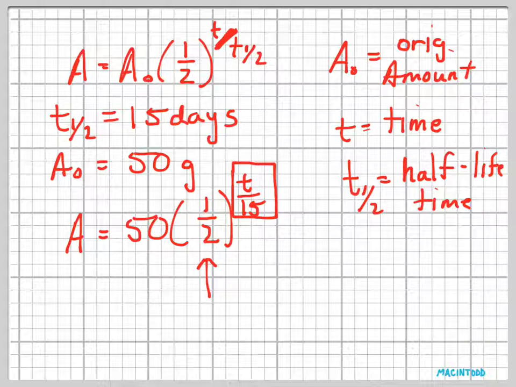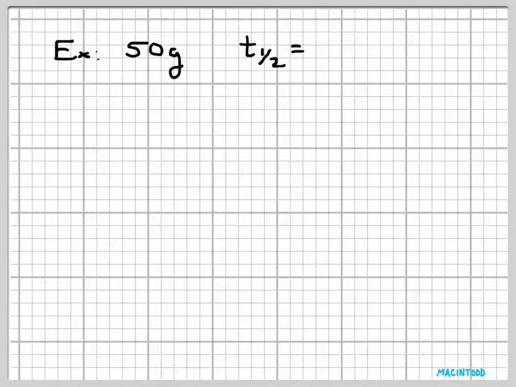So we can write this function pretty quickly if we remember this little template at the top. Quickly running you through an example, let's say we've got 50 grams of a material that decays with a half-life of 11 days.